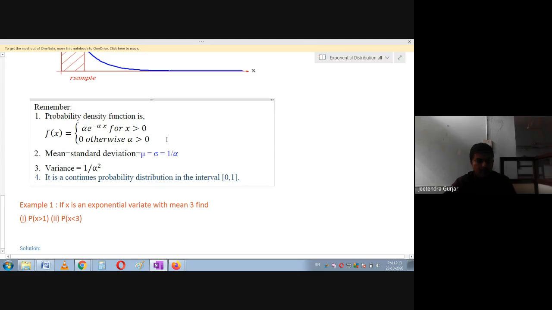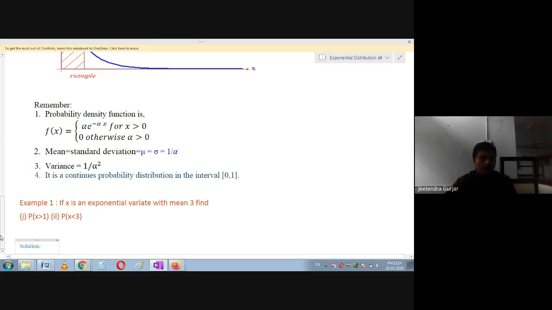Second, you have to remember that mean is equal to standard deviation, that is mu equal to sigma equal to 1 upon alpha. This means that variance is equal to 1 upon alpha square. Also remember it is a continuous probability distribution in the interval 0 to infinity, student.